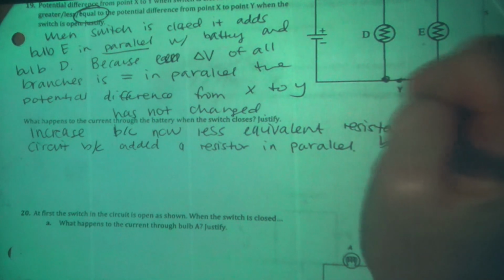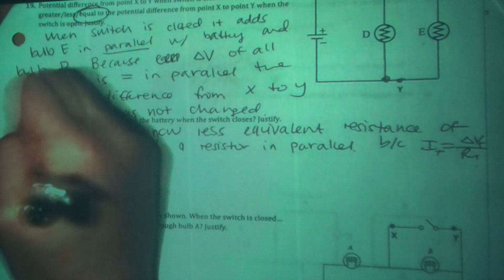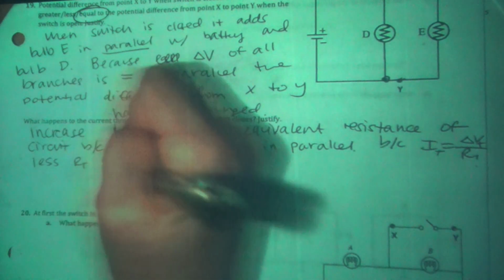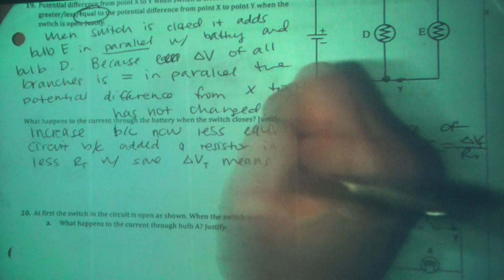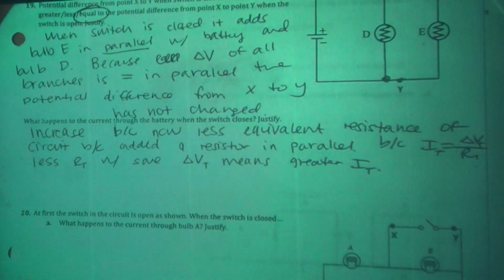And because I is V over R, and total current is total voltage over total resistance, less R total with the same total voltage means a greater I total. So greater total current through the battery.